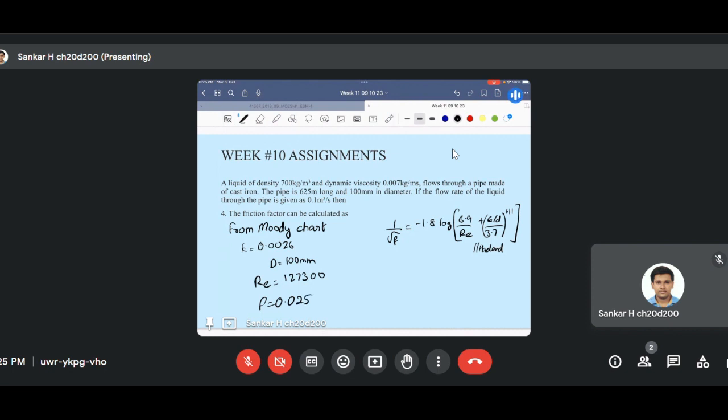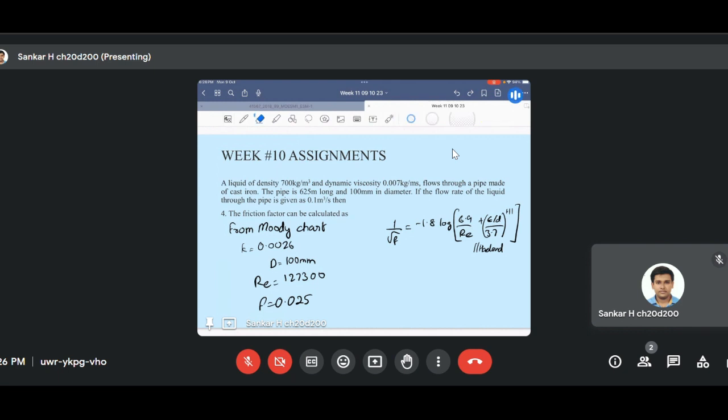Now, alternatively, this equation can also be solved using the Haaland equation as shown here. And for that, we need to use some kind of equation solver. Oh, there is another equation that Colebrook and White have recommended.